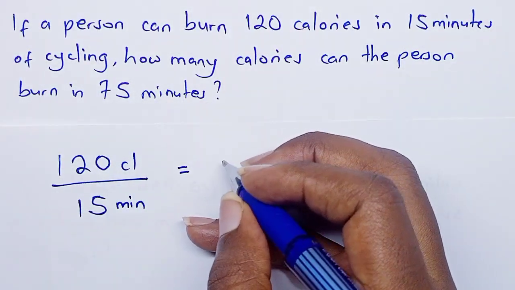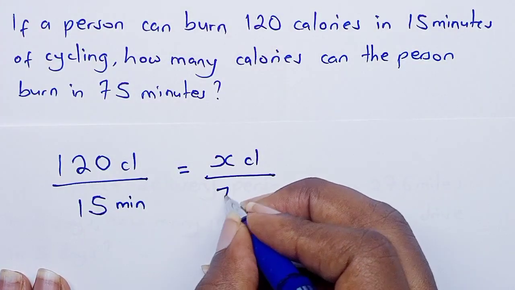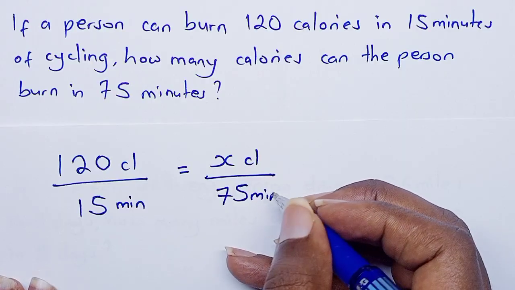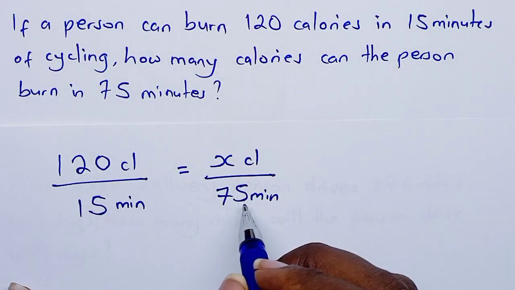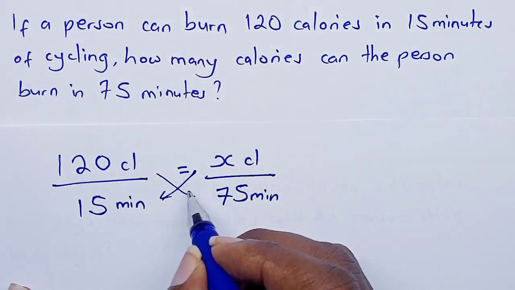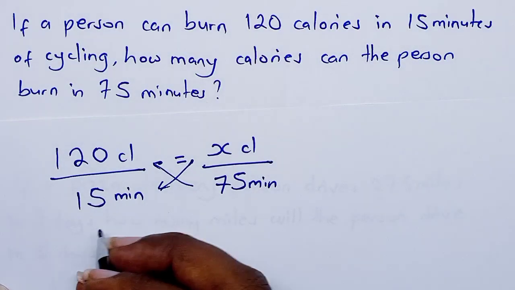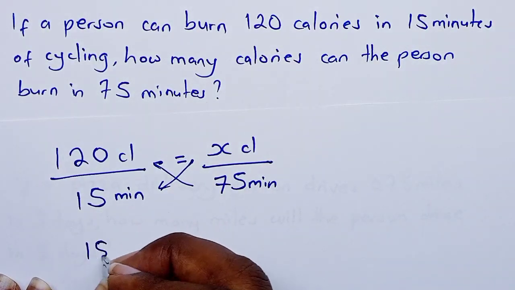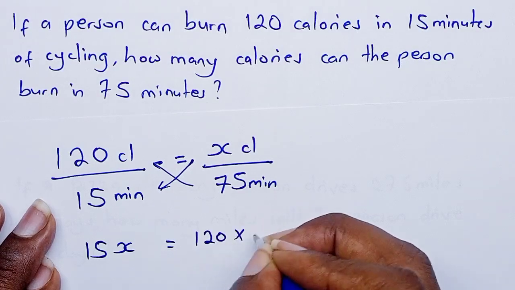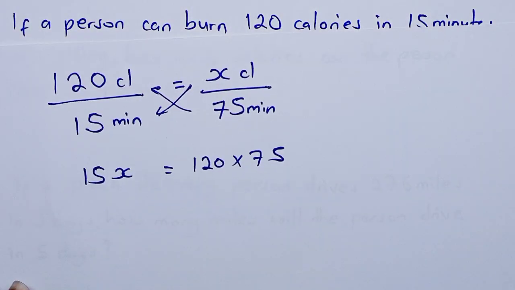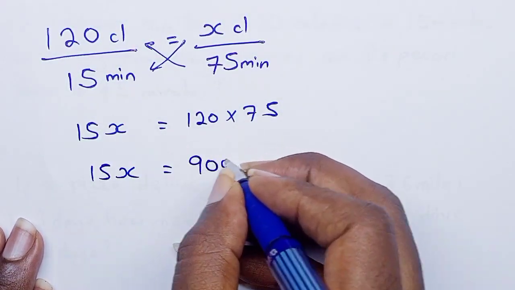So when you use proportions, this will be equals to x calories, which we don't know, will be burnt in 75 minutes. Okay, so this is our expression, which we have to work out to find the value of x. Now what you do is you cross multiply here. So we shall have 15 times x, which is 15x, equals 120 times 75, which gives us 15x being equal to 9,000.